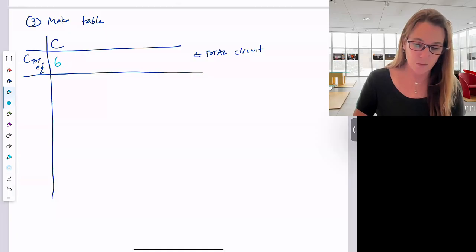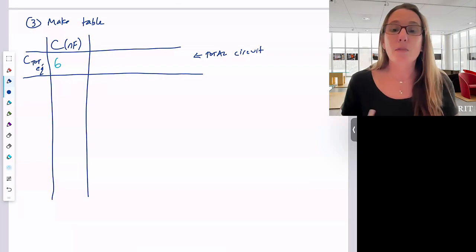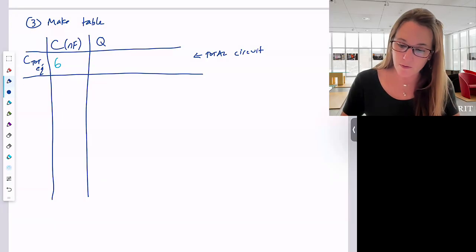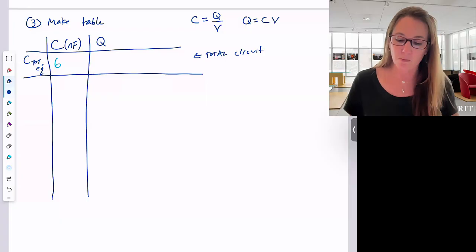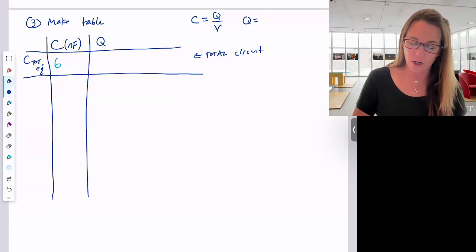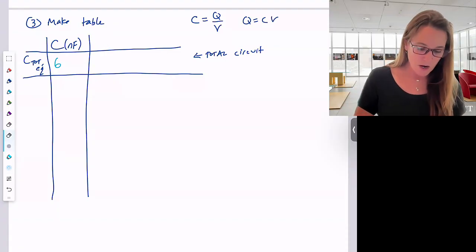And I'm actually just going to keep the units up top to keep these columns nice and easy. And so that's 6. And then I'm going to put in the charge on each one. So remember we have this equation that C is equal to Q over V. So Q is equal to C times V. And so for that reason, I'm going to put the second one as voltage.